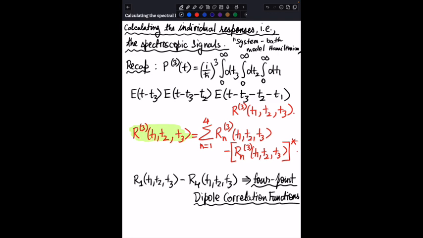And as a recap, in the previous lecture, we had calculated the third order polarization signal, and it was given by the convolution of these three electric field strengths and your third order nonlinear optical response function. So this one.